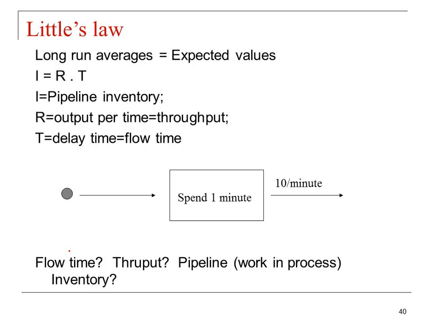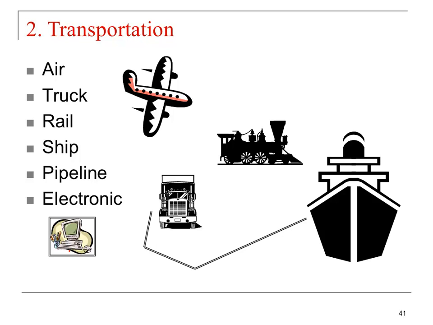So I'm not going to go into detail about this. I'm pretty sure you're going to talk about this in other courses. Transportation is important. You need to decide what type of transportation you are going to use, if you're going to be moving your goods using air, truck, rail, ship, and so on.